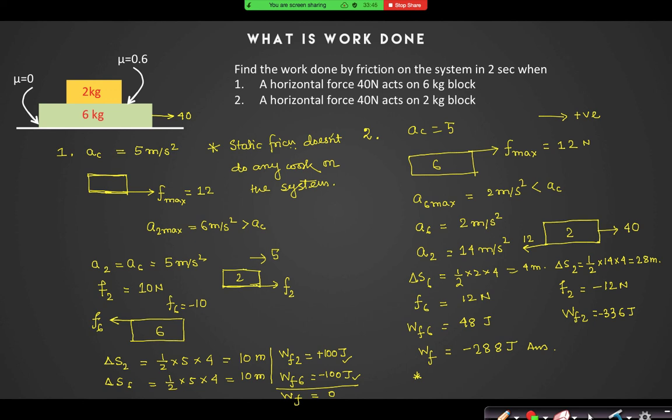So when you apply some force on a block, it will have more acceleration than the one which is only moving due to friction force. Its displacement is more, but the friction force on it will be negative. So it will have a more negative work done by friction than the block which is only moving due to friction.